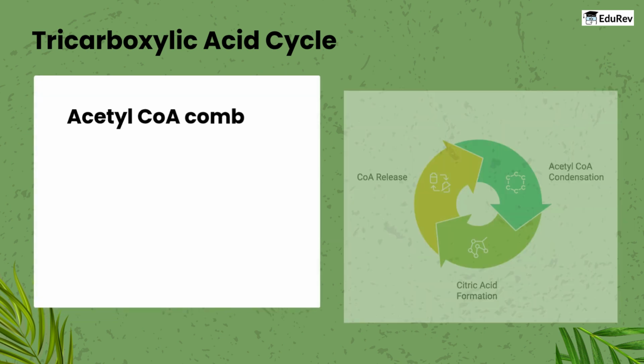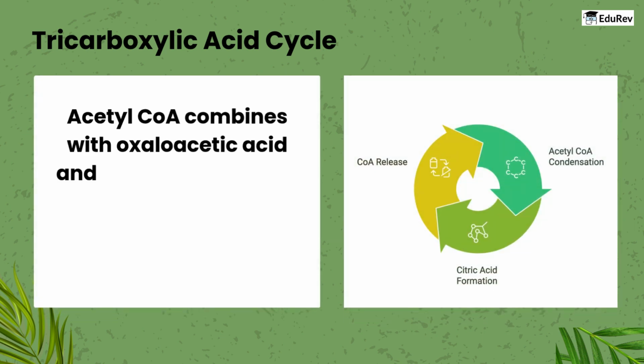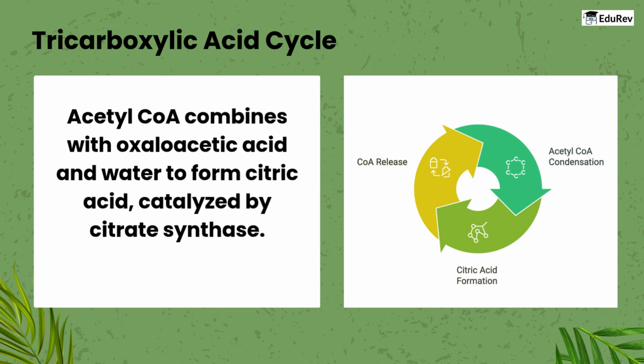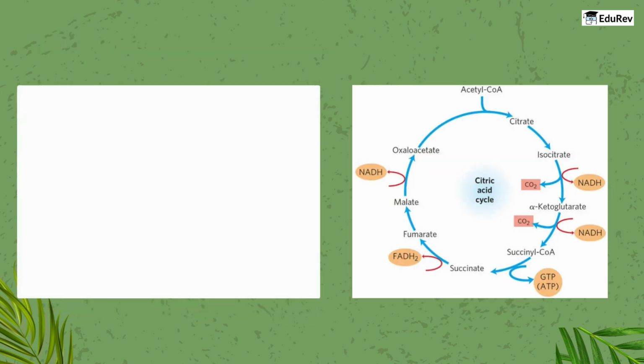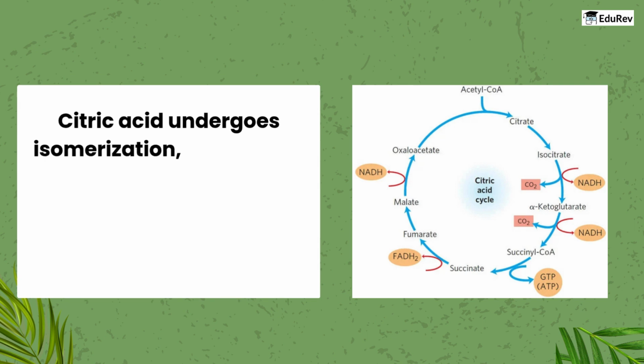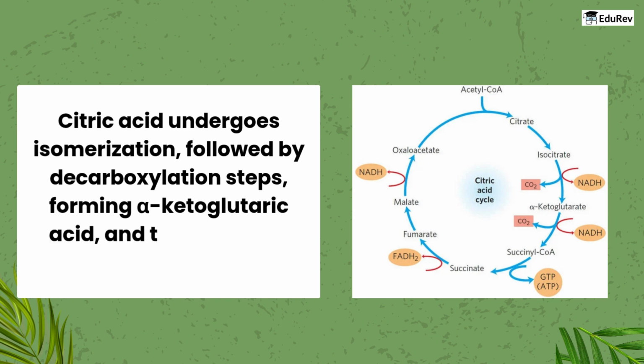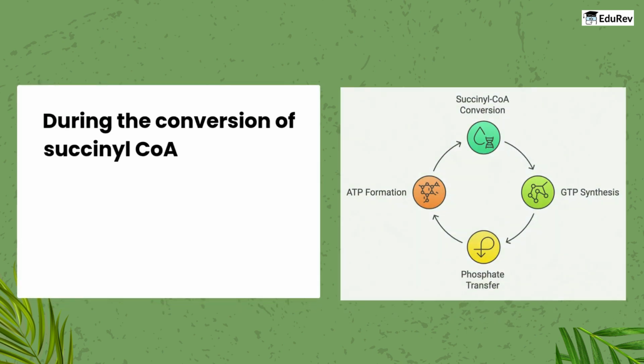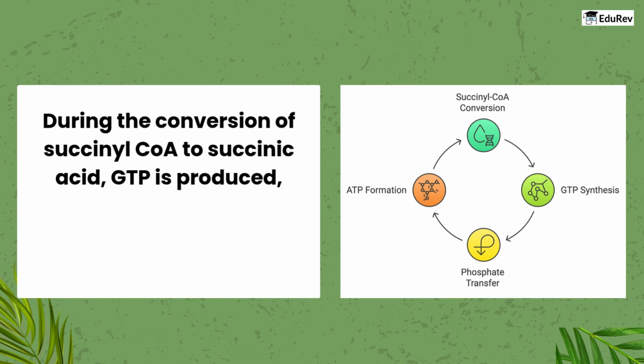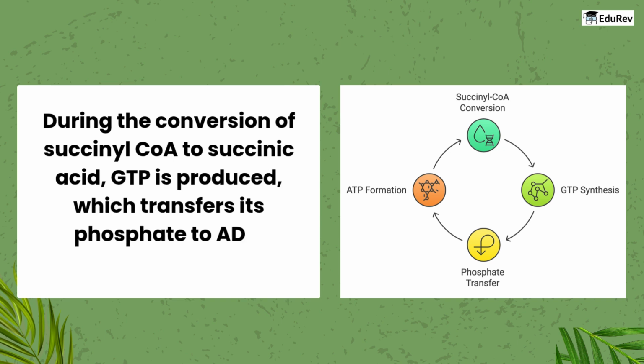Acetyl coenzyme A combines with oxaloacetic acid and water to form citric acid, catalyzed by citrate synthase. Coenzyme A is released in this process. Citric acid undergoes isomerization, followed by decarboxylation steps, forming alpha-ketoglutaric acid, and then succinyl coenzyme A. During the conversion of succinyl coenzyme A to succinic acid, GTP is produced, which transfers its phosphate to ADP, forming ATP.